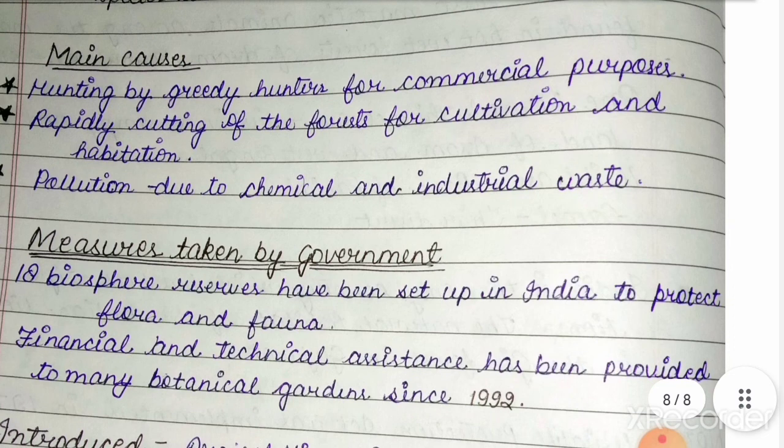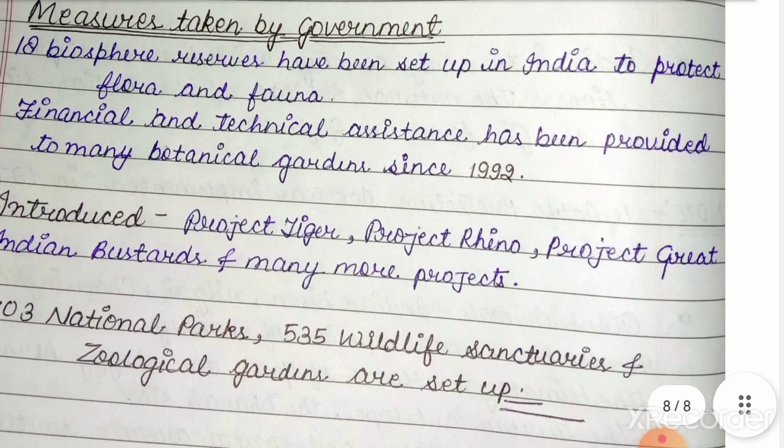The main causes are hunting by greedy hunters for commercial purposes, due to which many animal and plant species have become extinct. Rapid cutting of the forest for cultivation and habitation is also a main cause of extinct animals and plants. Pollution due to chemical and industrial waste is also a cause. Measures taken by the government: 18 biosphere reserves have been set up by the Indian government to protect flora and fauna.